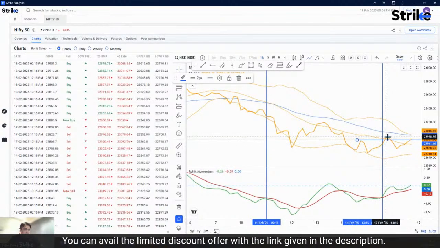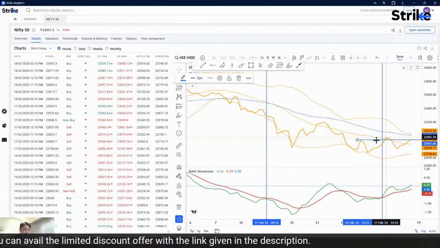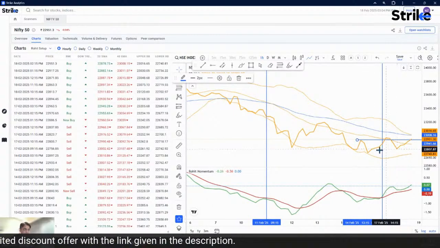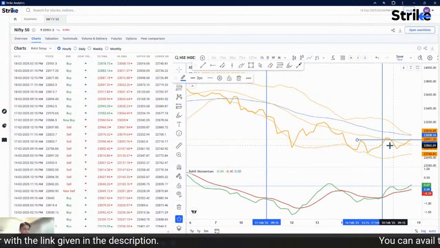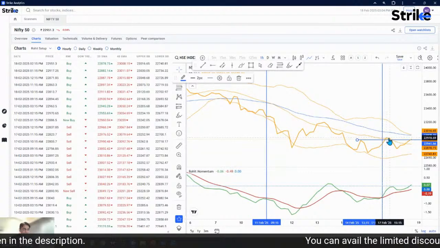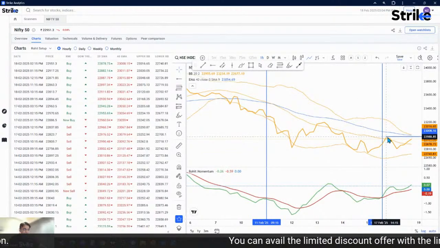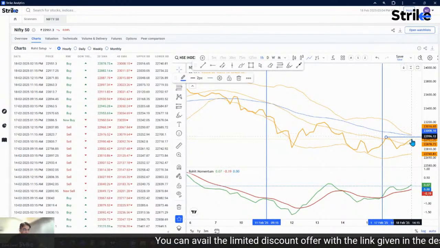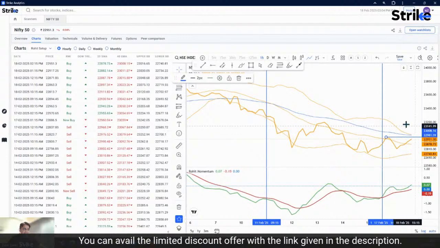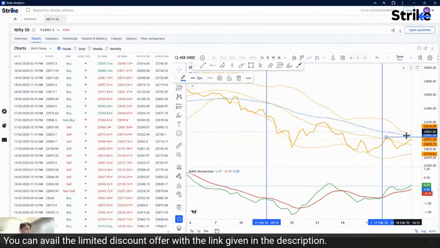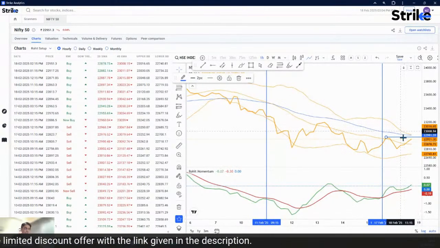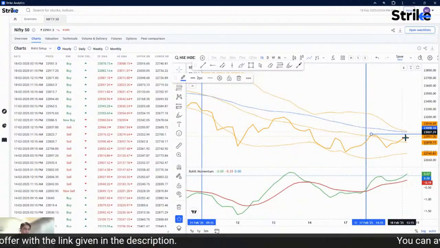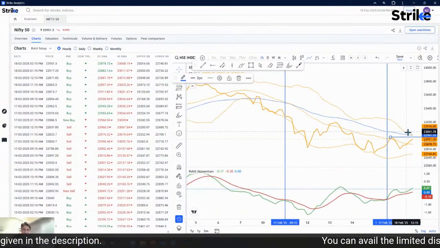So it has made a higher high, and this low is also higher than its previous low. If this particular top now breaches, it will make a series of higher highs and higher lows, where the moving average is also there. So on Nifty, we will have to wait for it to cross above it.